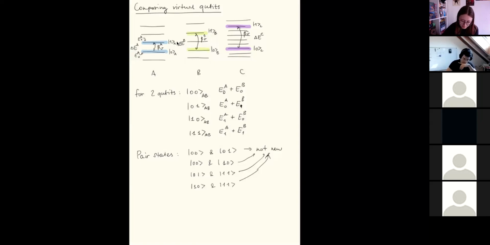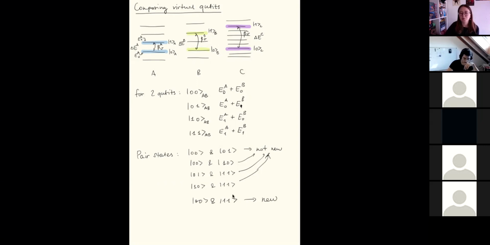However, if we take a pair 0, 0 and 1, 1, then this virtual qubit will be new, following our intuition that we cannot factor out any system.